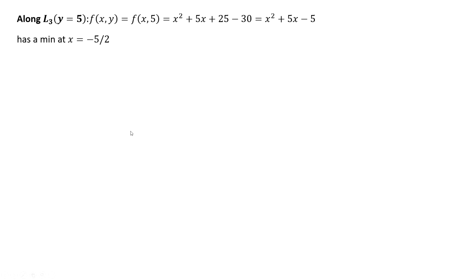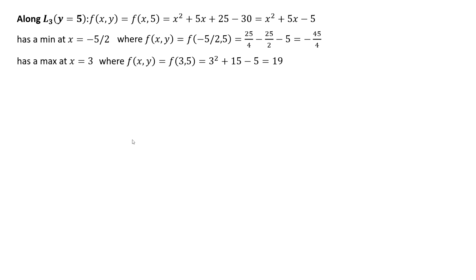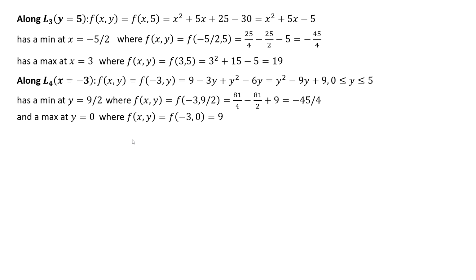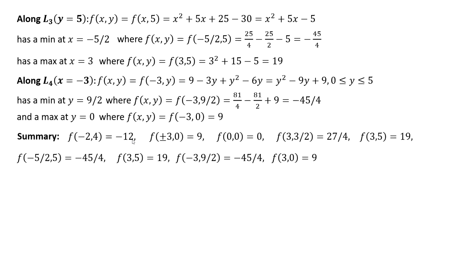Similarly, at y equals 5, that is line L3, carry on similar calculations. And I may have summarized the whole thing. Yeah, I did. Cool. And a whole bunch of places we found these values.